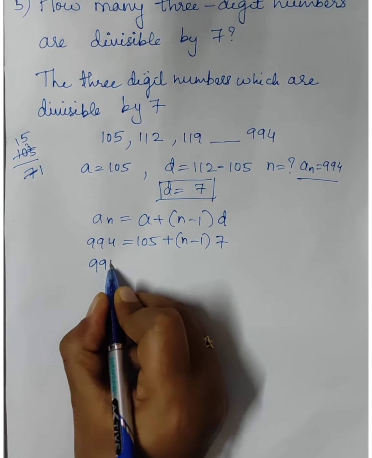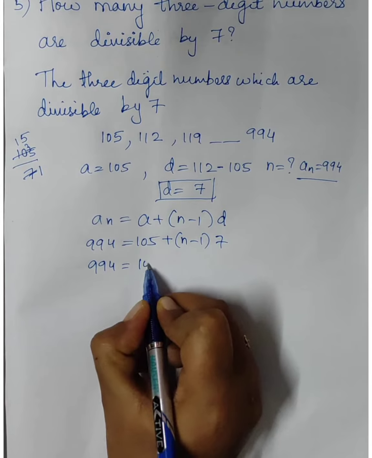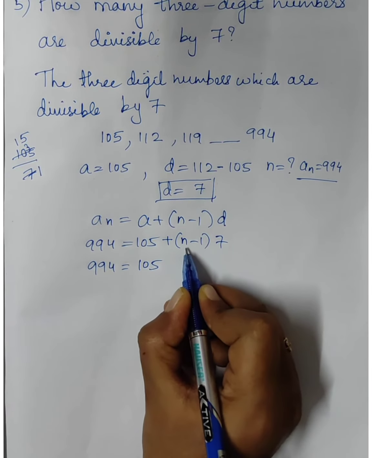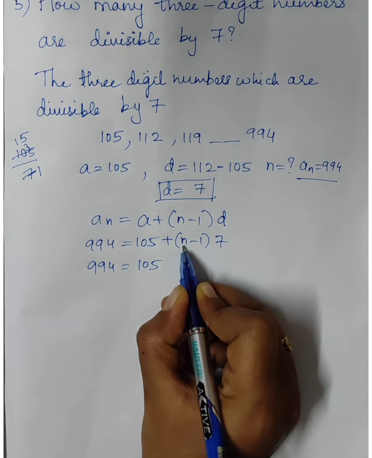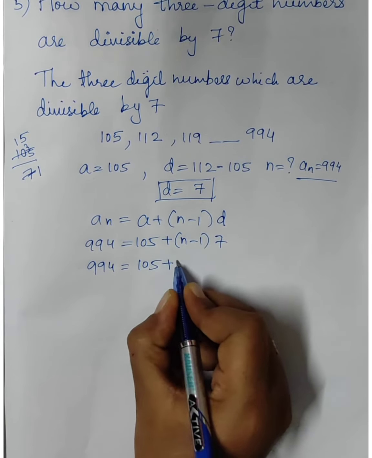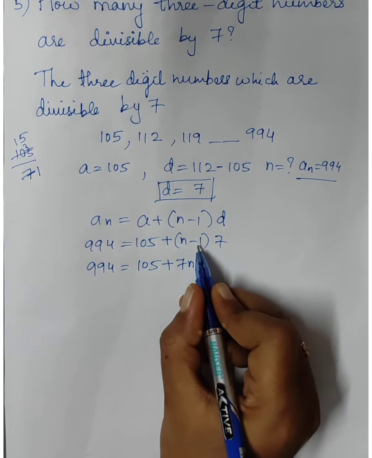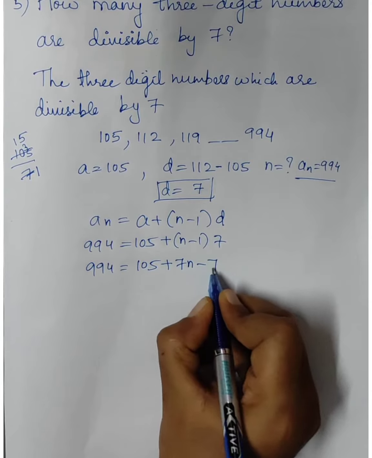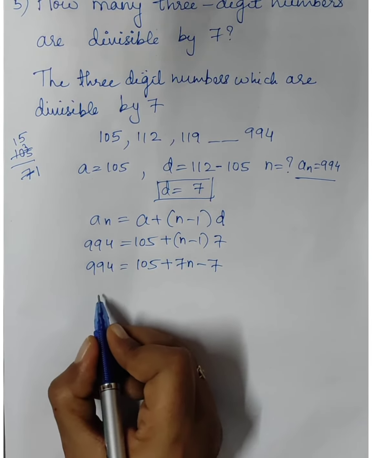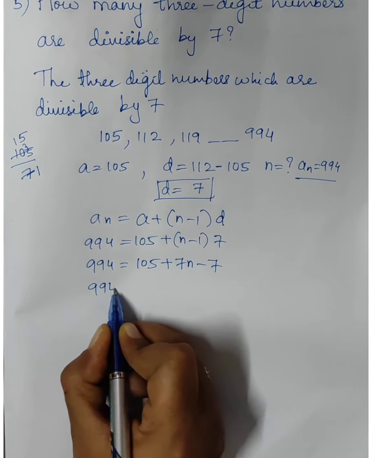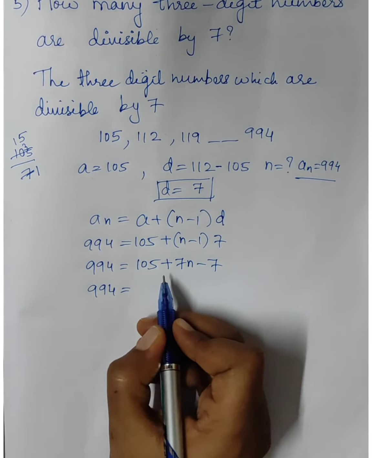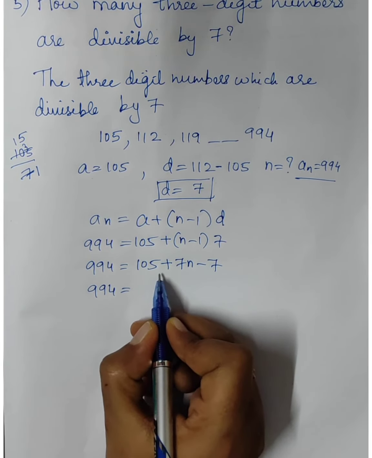So 994 is equals to 105, so multiply 7 to this bracket. So what you'll get? 7 into N is 7N. So plus 7N. Minus 1 into 7 is minus 7. Okay. So 994 is equals to 105 minus 7.